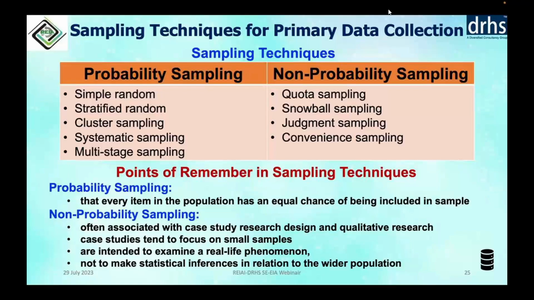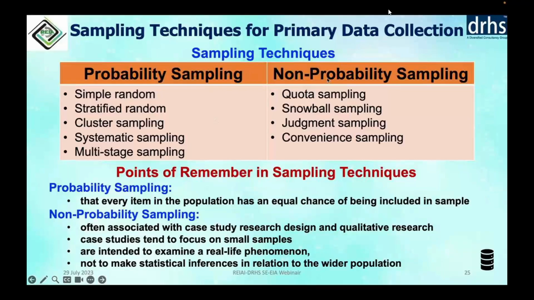What are the criteria? I'm not going to explain any of the definitions. I told you earlier also that I may not be explaining every detail that you have to do. But I will classify probability sampling and non-probability sampling. Point to remember: in probability sampling, every item in the population has an equal chance of being included in the sample. This is a golden rule you should remember.